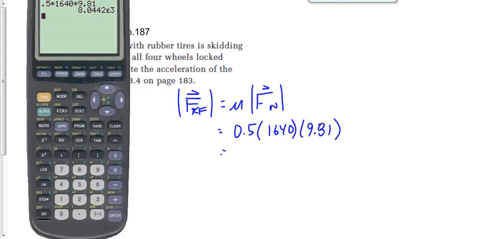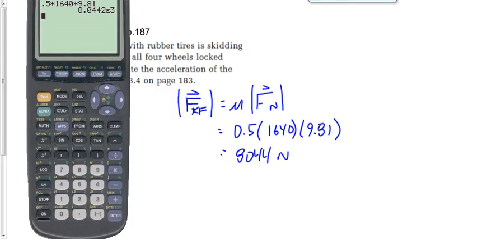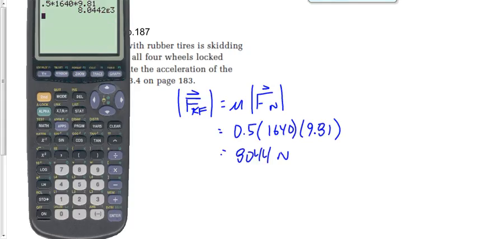It was 8.04 times 10 to the 3, 8044.2 it should be. All right, suggestion, anybody? I just found the force of friction. How am I going to find out the acceleration?